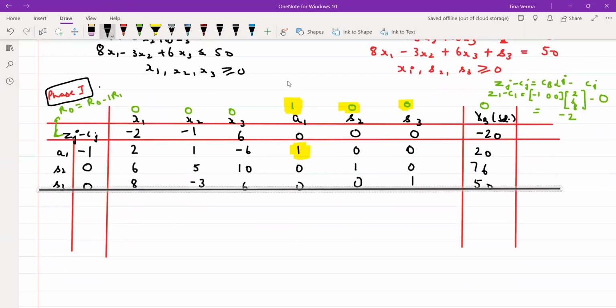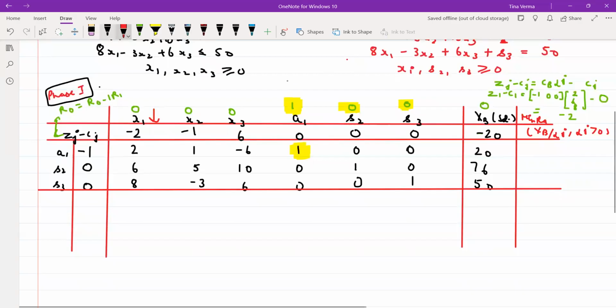Since we have taken the objective function to be maximum and -M, the most negative is to be entered, that means my entering variable here is x1. If x1 is my entering variable, I have to decide my minimum ratio. Minimum ratio is xb divided by my entering column, and the entering column entry should be greater than 0.